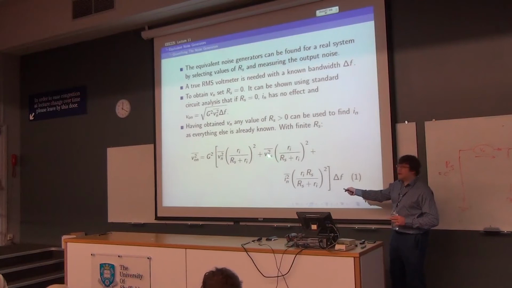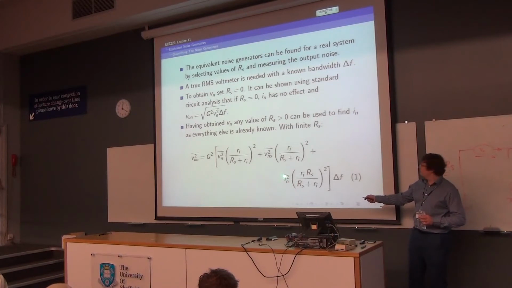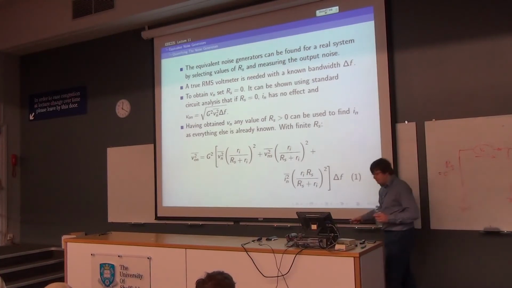Voltage noise squared mean of the source resistance, also potentially divided between Ri and Rs. And the noise current, which is current shared between Ri and Rs. That's squared and that's squared as well, for the same reason, head towards the square. All times the bandwidth that we do the measurement in.